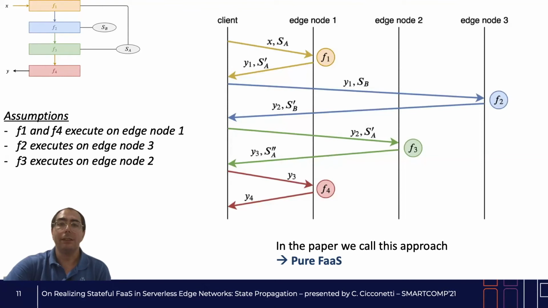So when the client executes the function F1, it has to wait for the result from the container on edge node 1, and then it invokes function F2 and it gets back the result, etc. Wouldn't it be better if the client could invoke just once the sequence of functions, and then each edge node invoked the next one autonomously, which, by the way, is something which is already possible in today's serverless systems in cloud computing platforms.